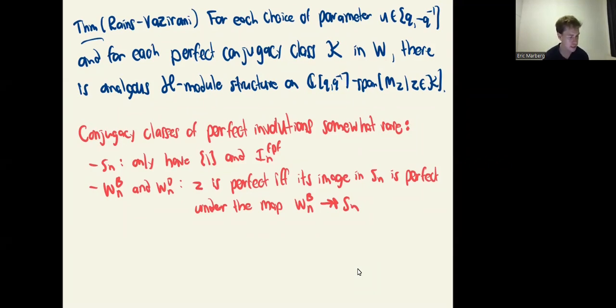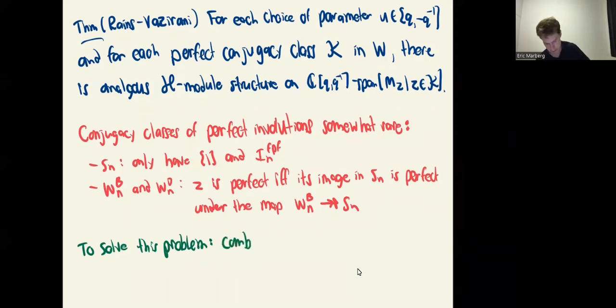Okay, so this construction is a little bit too limited to find all irreducible H representations by the theorem above. But to solve this problem, what we'll do is combine representations from perfect involutions with representations from parabolic subgroups.